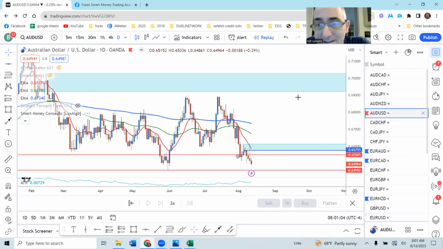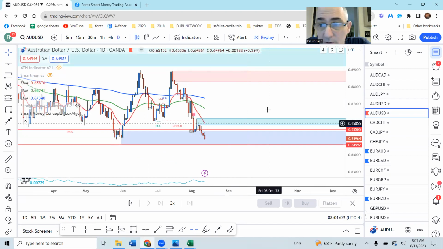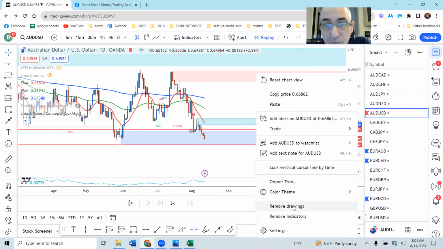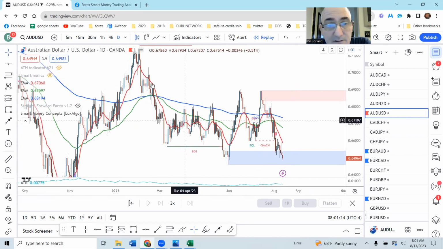AUD USD. So this was a trade from last week that I showed you. This wasn't a trade that executed, but this never came back to our area. So let's just remove the drawings here so we can get a fresh look at this. This kind of looks the same way, right?